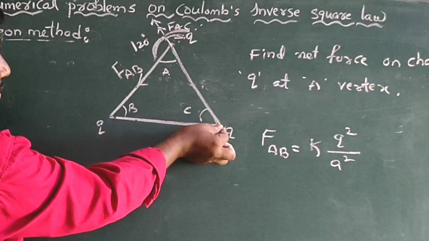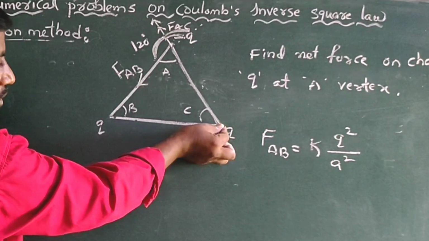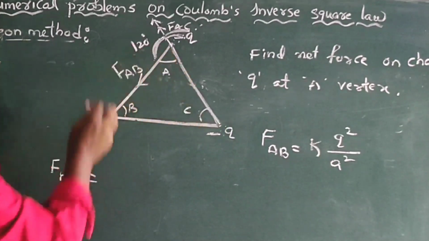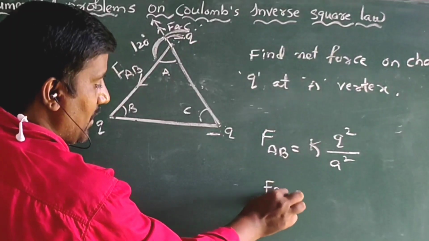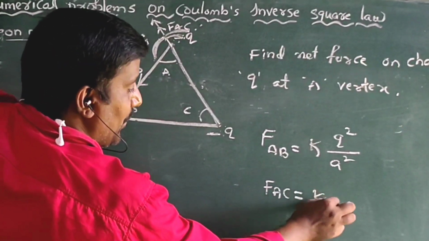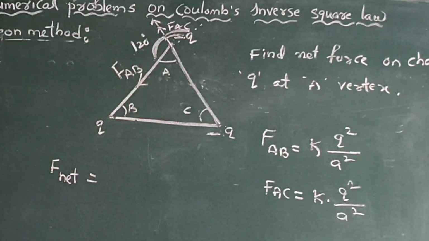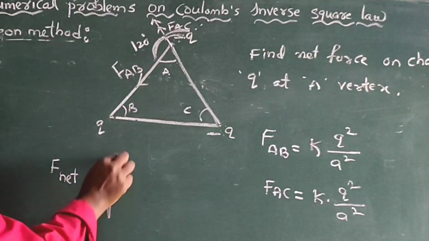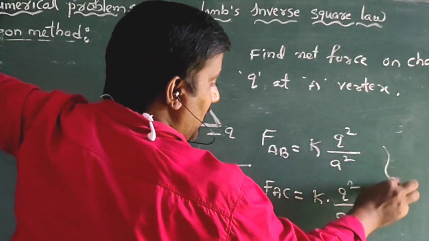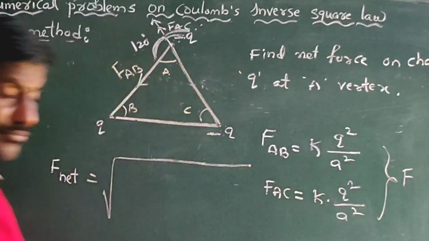Similarly, the force between minus Q charge C and A, that is FAC, is K into Q square by A square. So numerically both are the same, that is, I consider F.